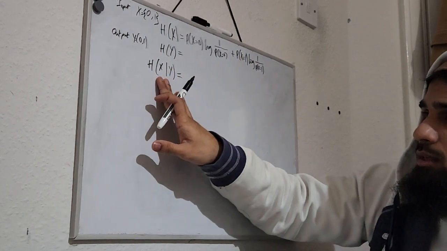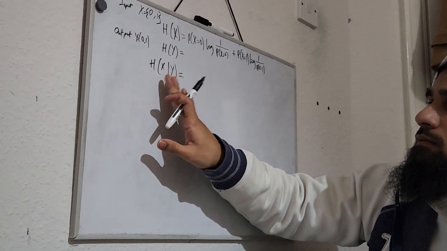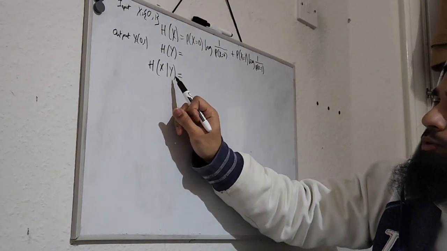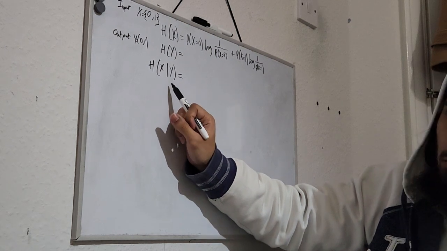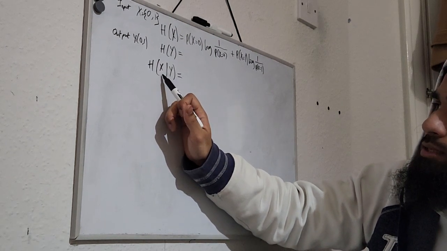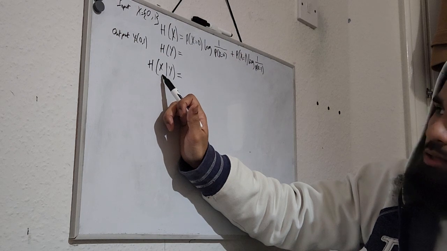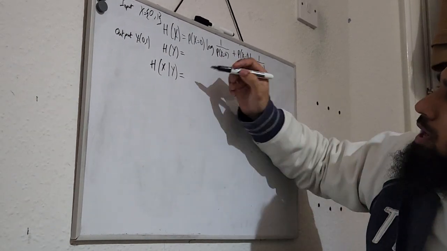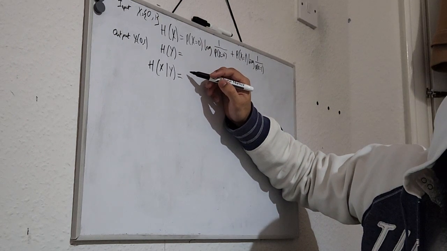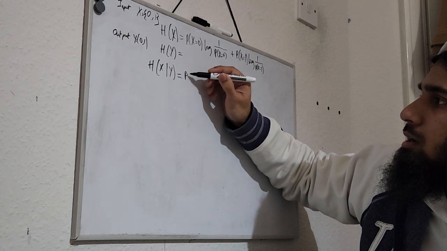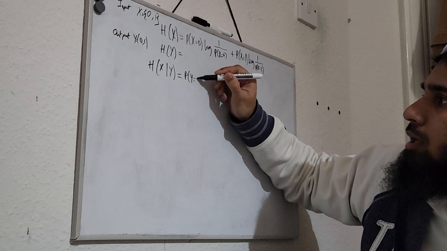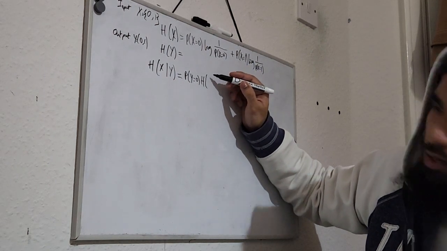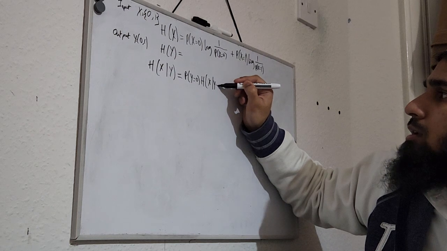So this is the formula. I'm just going to write it down, but I just told you, if you get a y, this is conditional. If you get a y, what's the entropy of x? So you can write that down. That is the probability that y is 0, and then you have to write the entropy of x given y is 0.